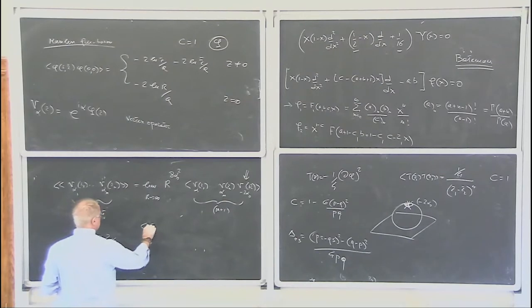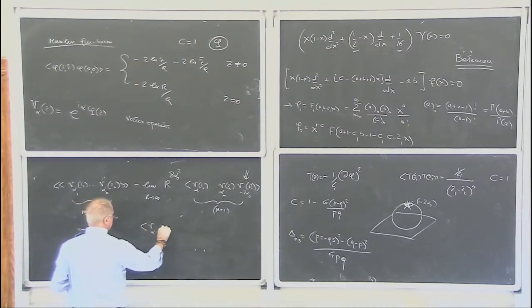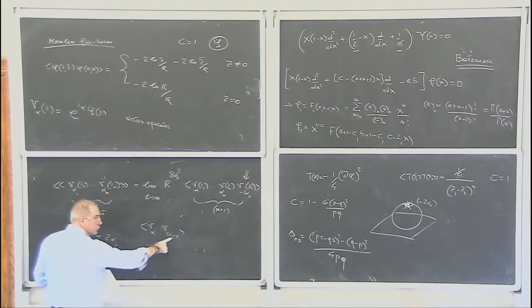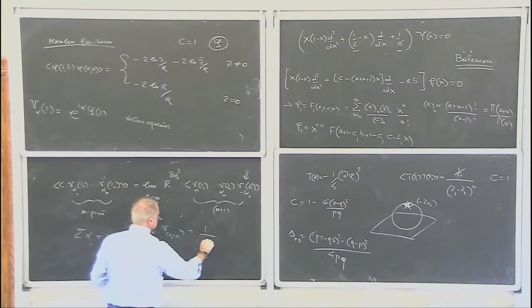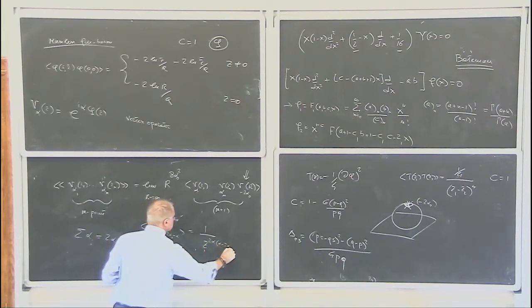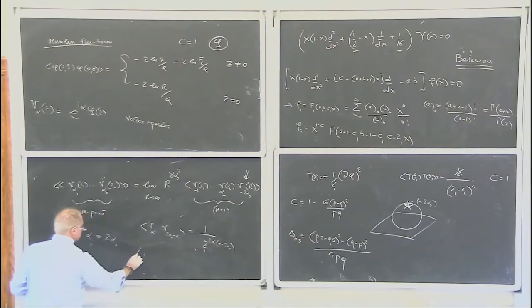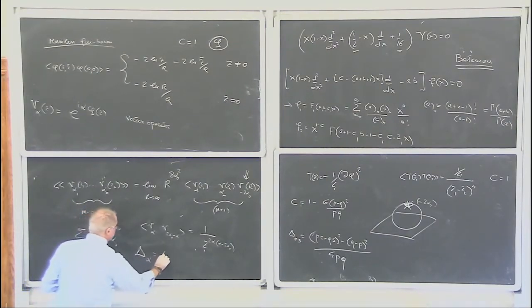What is the non-zero 2-point function? The one whose charges are alpha and 2 alpha 0 minus alpha. And what is the dimension now of this vertex operator?